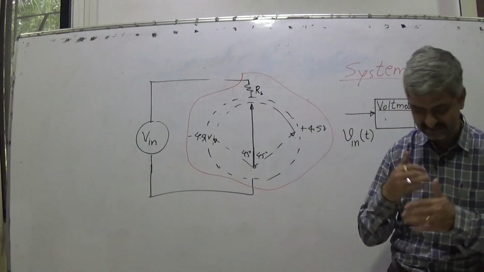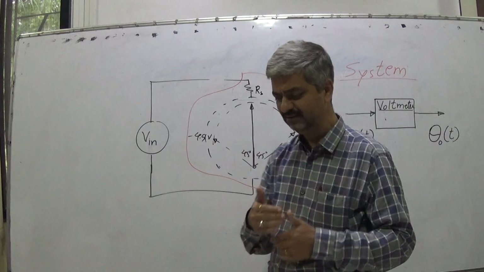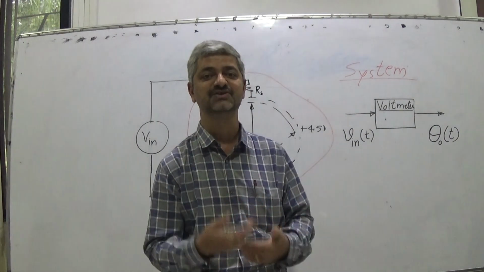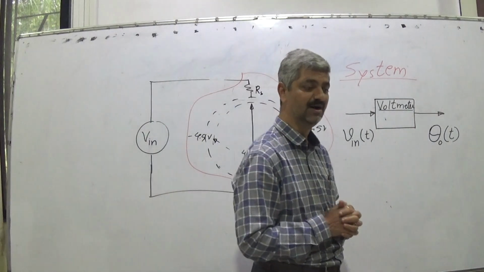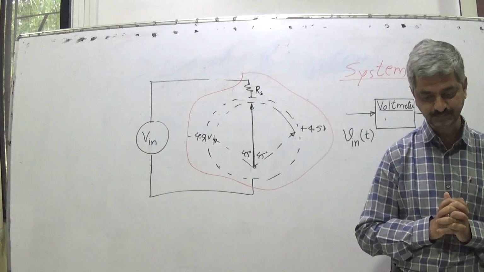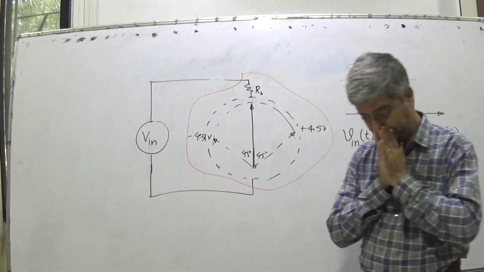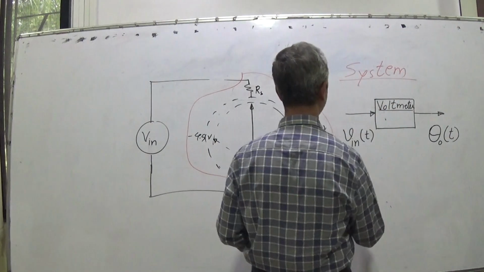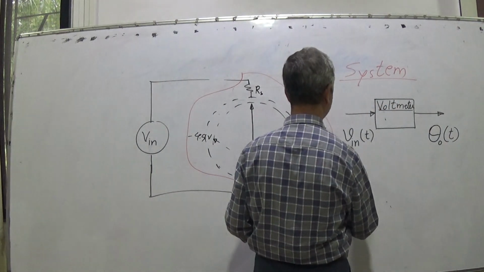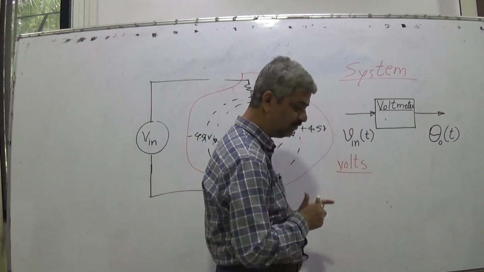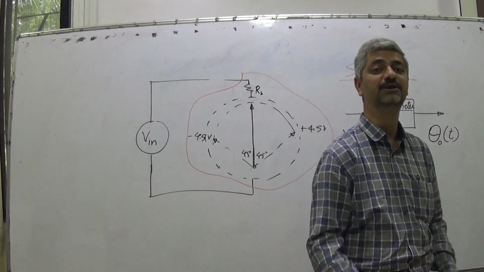Now just by taking this example, as we move ahead, you will find many complex things. Let us see how. So, what is the unit of input? It is volts.